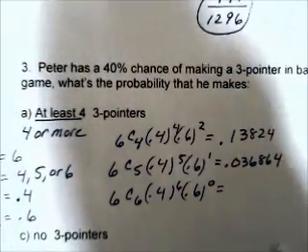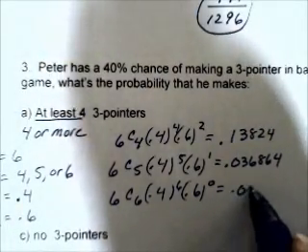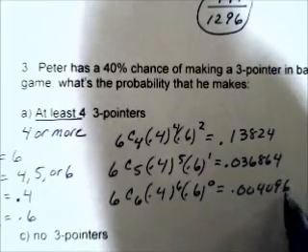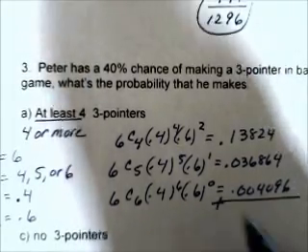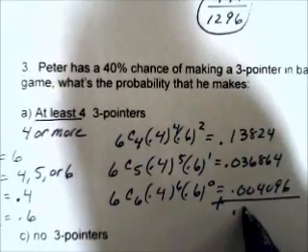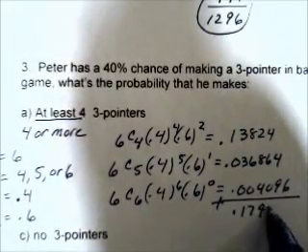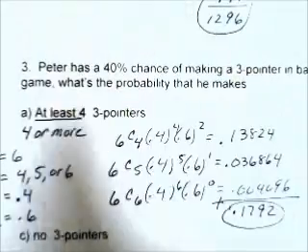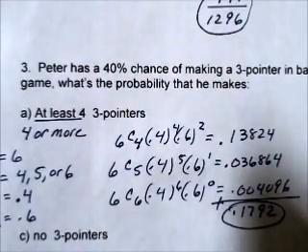This results in 0.004096. We add these 3 decimals, 0.1792 is the end result. Remember, probability is always between 0 and 1 inclusive. It can never be less than 0 and never greater than 1.